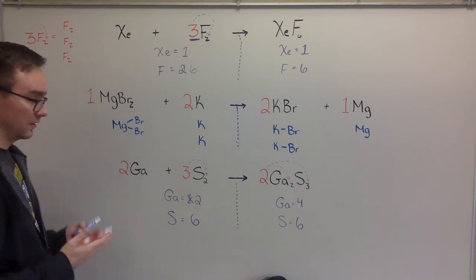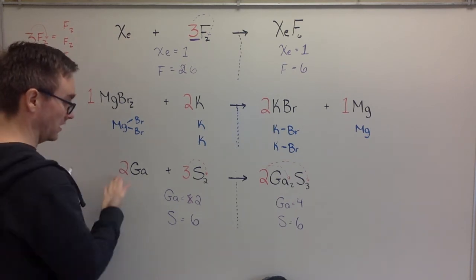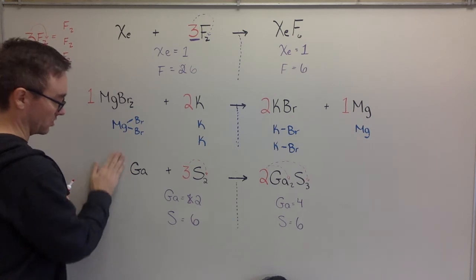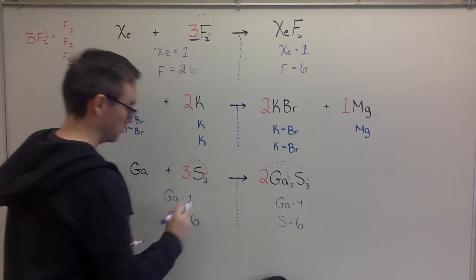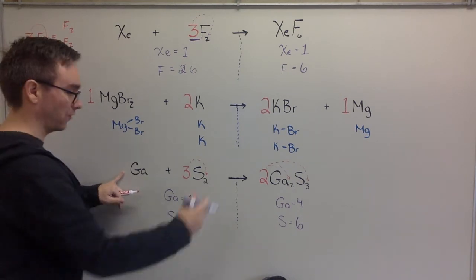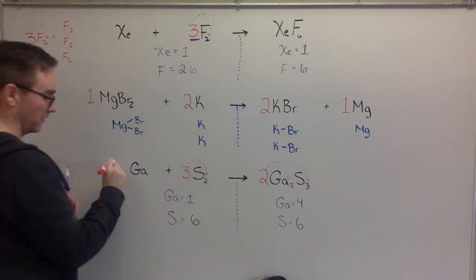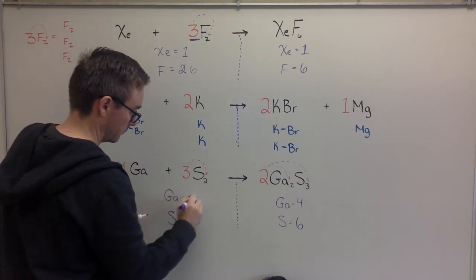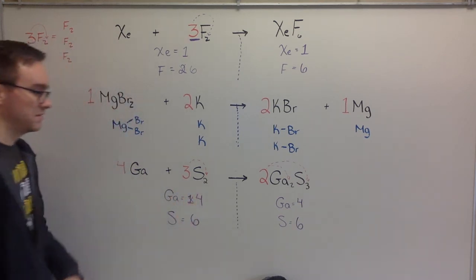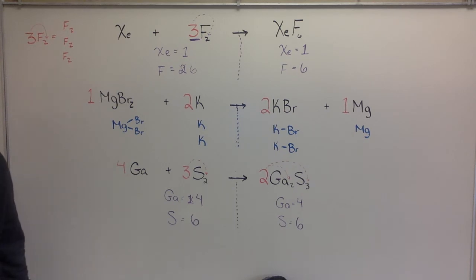All right, well, we could just go back. What do I need to put here? I could even go back and start this part over if I wanted to. Well, what number can I put here to make it 4? Oh, well, if I just put a 4, now I'm balanced.